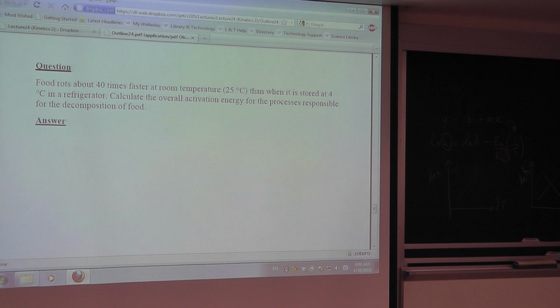Why would E sub A over R be negative if we're subtracting it? It's negative. I'm just taking minus E sub A over R. That's outside. So this is 1 over T2.